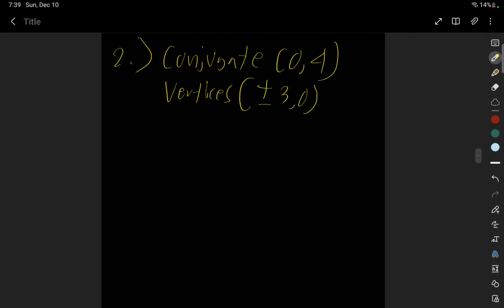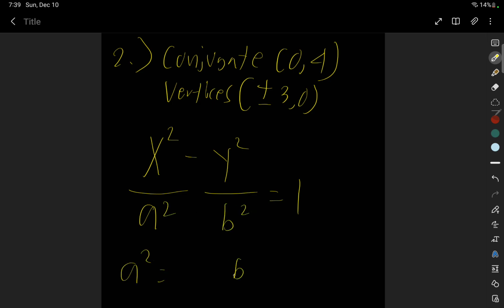Since the vertices is located at the x-axis, maglalagay ulit tayo ng x squared minus y squared, denominator equal to 1. And then si vertices natin, that is the value of a squared. So ang a squared natin dito is itong vertices natin which is 3 squared, may siyang 9.